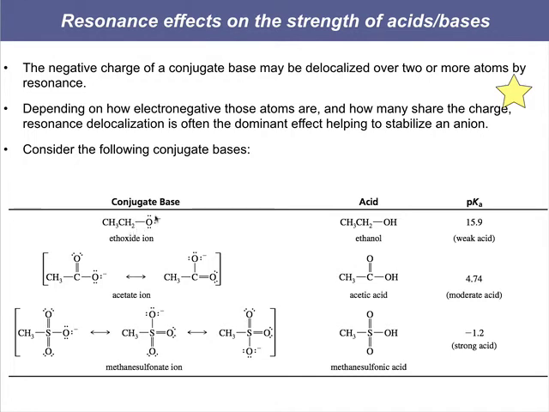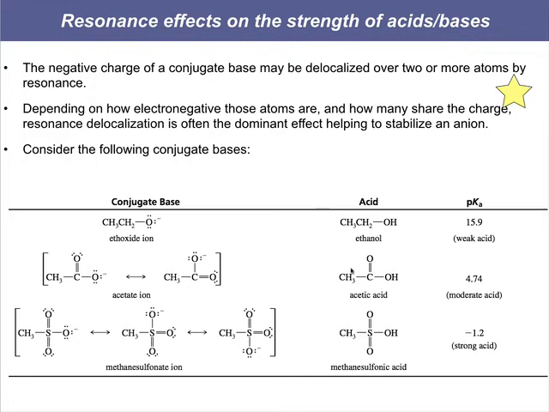There is no way, no opportunity for us to move this negative charge off of the oxygen. That oxygen is cursed to bear the full burden of that negative charge for all eternity until it gets a hydrogen back, perhaps. Okay. So that's ethanol and ethoxide.